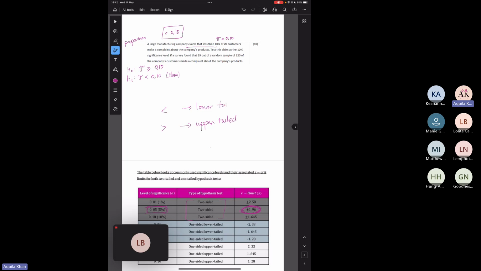In this example that we're working with, it is the less than sign in the alternate hypothesis, which means that it is a lower tailed test. So we know that it's a lower tail test now. Let's write that down here somewhere so that it makes it easier when we get to the next step.